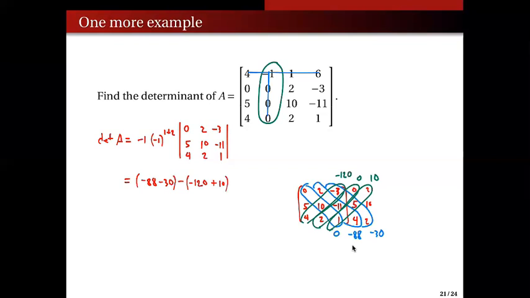And we have here negative 118, and then here minus negative 110, so plus 110. So this is equal to negative 8. So the determinant is equal to negative 8.